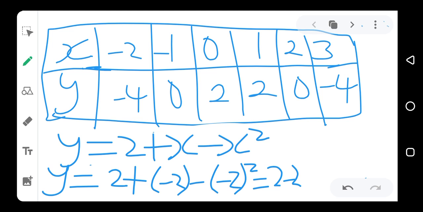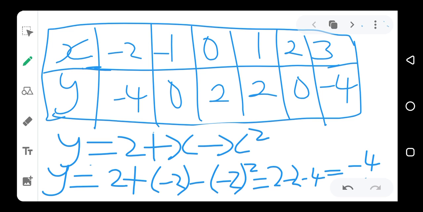So plus 4 with the minus sign in front gives us minus 4. So this is equal to minus 6 plus 2, which gives us minus 4. That is why I have the first value of y as minus 4.